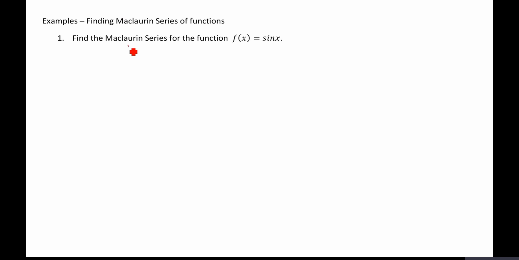So what I do is I put the function on the left, f of x is equal to sine of x. Then next to that, I must substitute 0 into that function, sine 0, that gives you 0. Then below that, I start finding the derivative. First derivative, what's the first derivative?